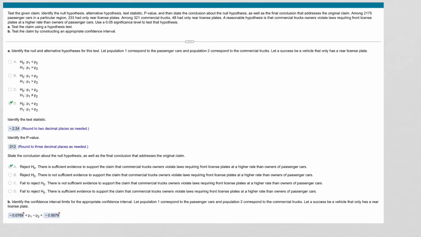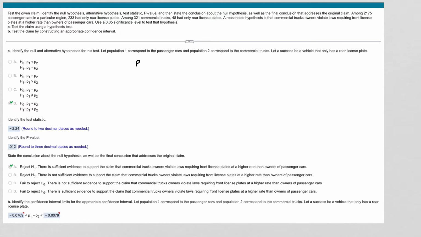In this problem, we're given information about passenger cars and commercial trucks. So I'm going to start by writing down the sample information that we have.